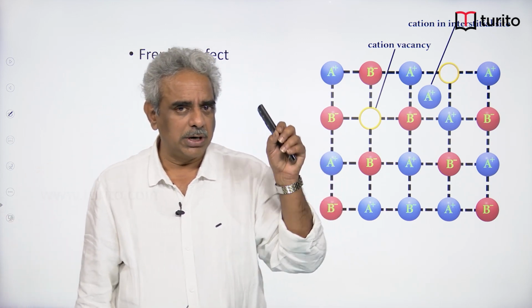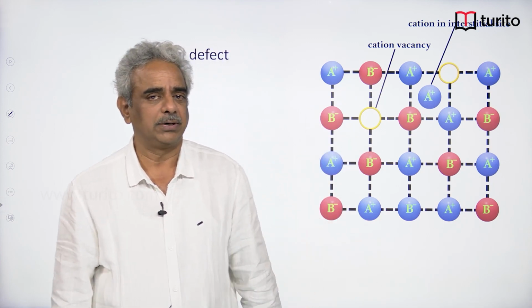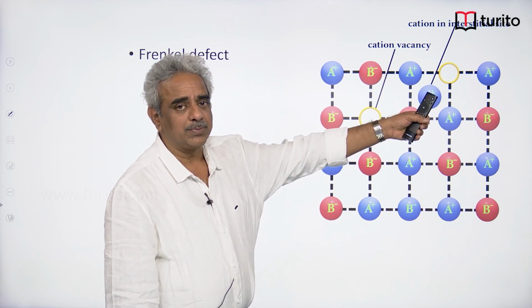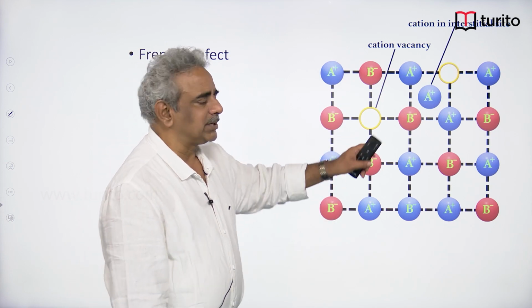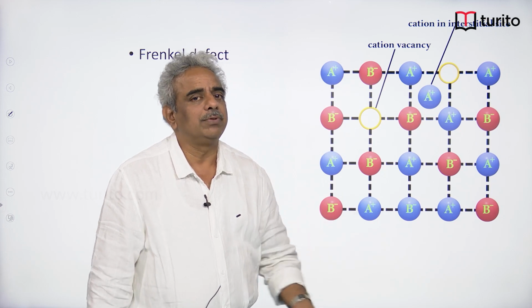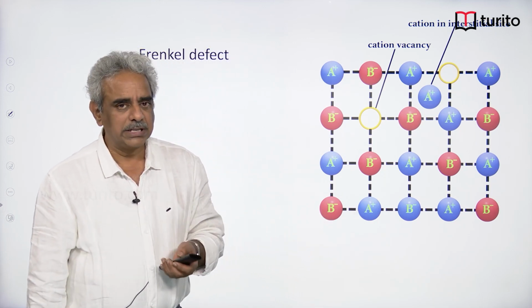In Schottky it is only point defect, in Frenkel it is interstitial as well as point defect. Ion is missing from lattice point, ion is present where it is not supposed to be present, and because of this density loss will not be there, because mass is still there, it has not come out of the crystal, the ion is still present in the crystal. So, the density will remain the same.